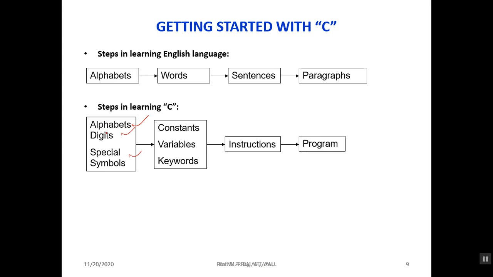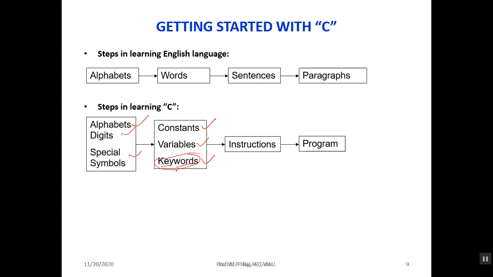We use all this to create constants, variables, and keywords. We'll come to that. These are nothing but words. Keywords itself says that it is something special. It is a word, but it is a key, an important item which will open the door to C language.